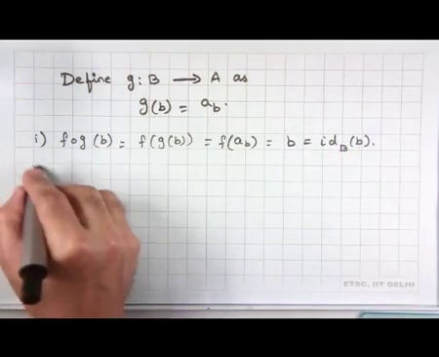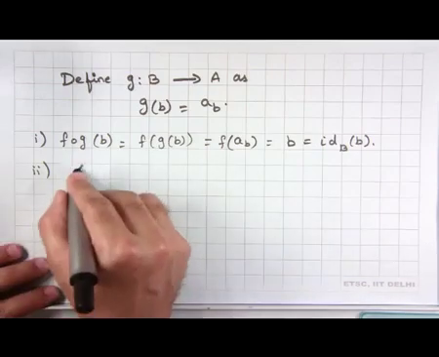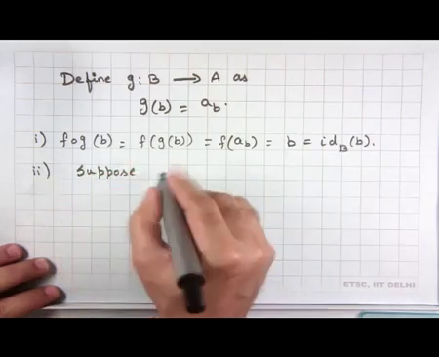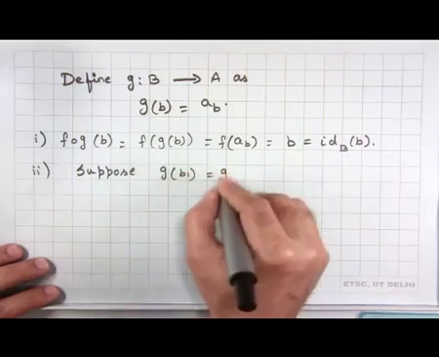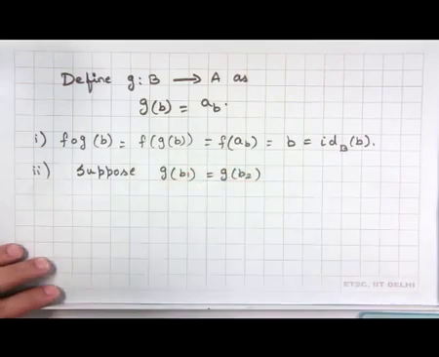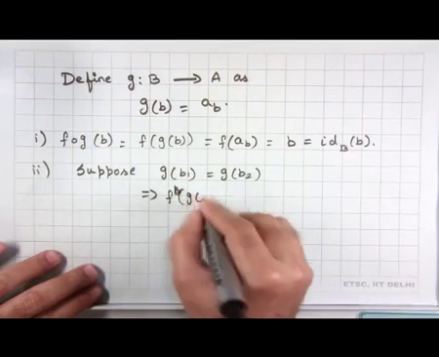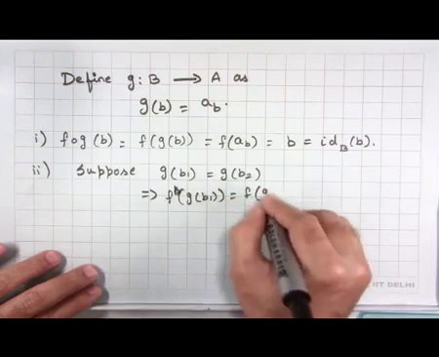The second one: we will have to verify that g is 1-1. Suppose g of b1 equal to g of b2. Let us apply f on that: f of g of b1 equal to f of g of b2.